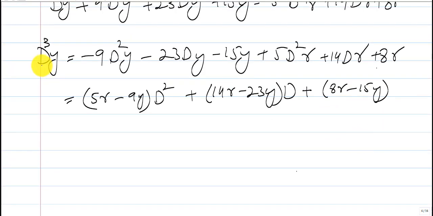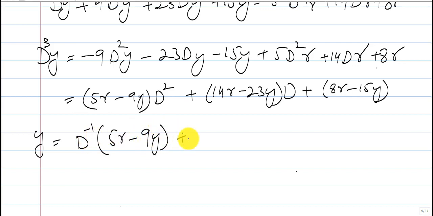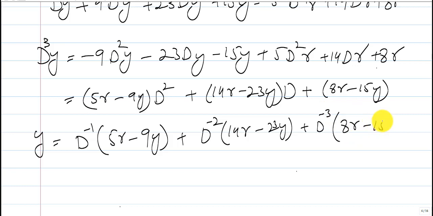Now we will take the differential operator on the other side, so it will be D inverse (5r minus 9y), plus D^-2 (14r minus 23y), and plus D^-3 (8r minus 15y).